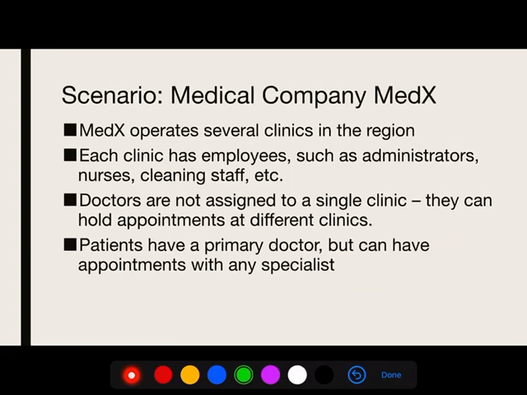So let's think about our scenario and try to identify the entities from the requirements that we gathered. So I already drew clinic, so clinic is a noun, employees is a noun, doctor is a noun, appointment is a noun, patients is a noun, but there's some more nouns here.